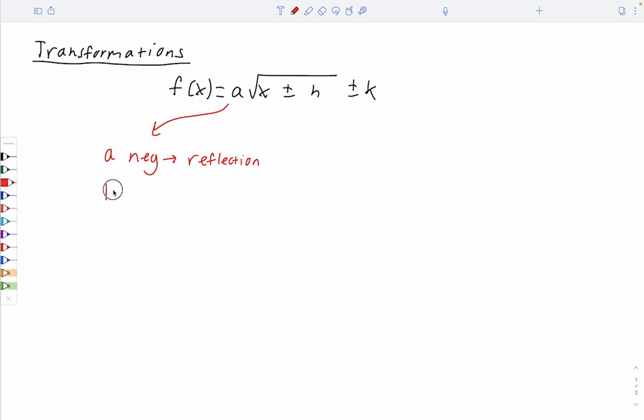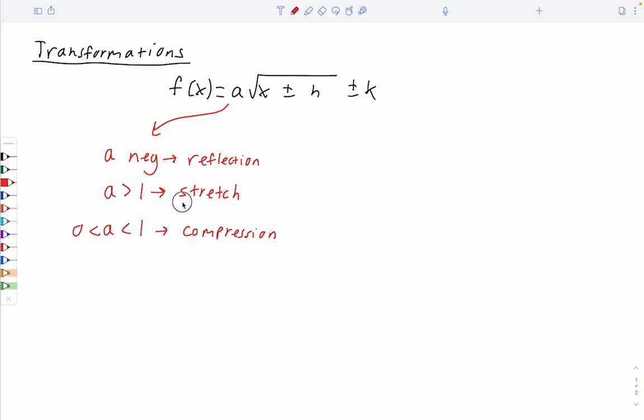If the number a is greater than 1, this would cause a stretch. And again, we've seen these rules before. None of these rules should seem weird or unusual, right? If the a value is between 0 and 1, like 1/2 or 2/3, then this would be considered a compression.